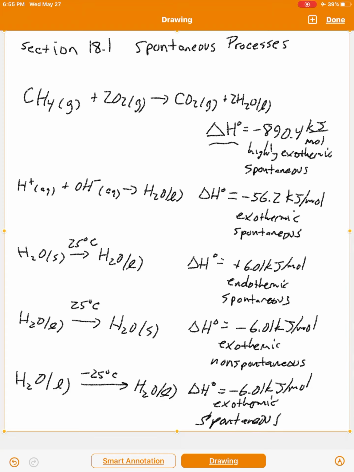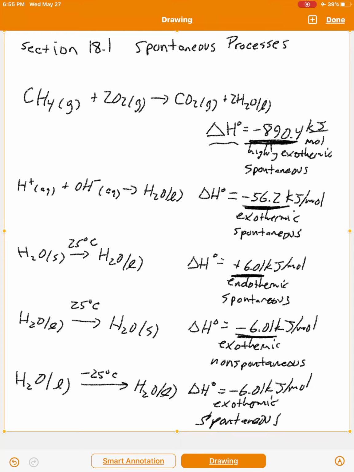So the key here, the point we're trying to make in this very brief section, is that it appears as though predicting whether a process is spontaneous or not is in some way related to the enthalpy change. Processes which are highly exothermic tend to be spontaneous. But if the process is only somewhat exothermic or endothermic, it seems to depend on temperature.